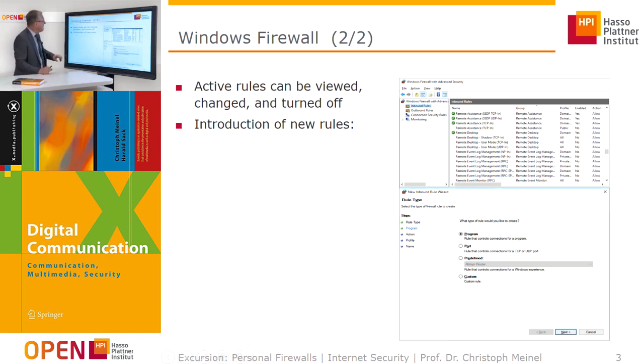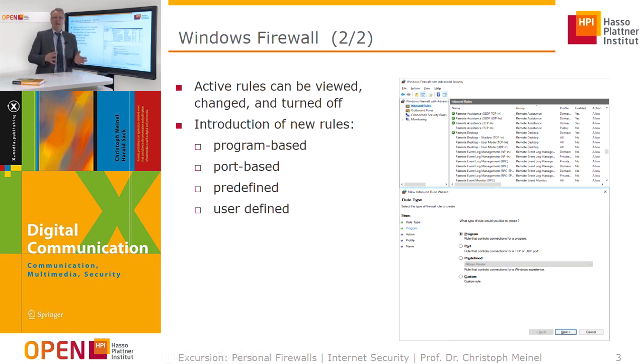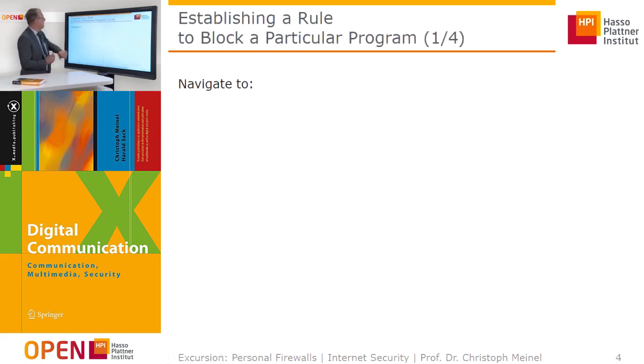When you introduce new rules, it is possible to do this program-based, or port-based. You can do this predefined or user-defined. So there are different possibilities for specifying the type of rule. And we want to give an example.